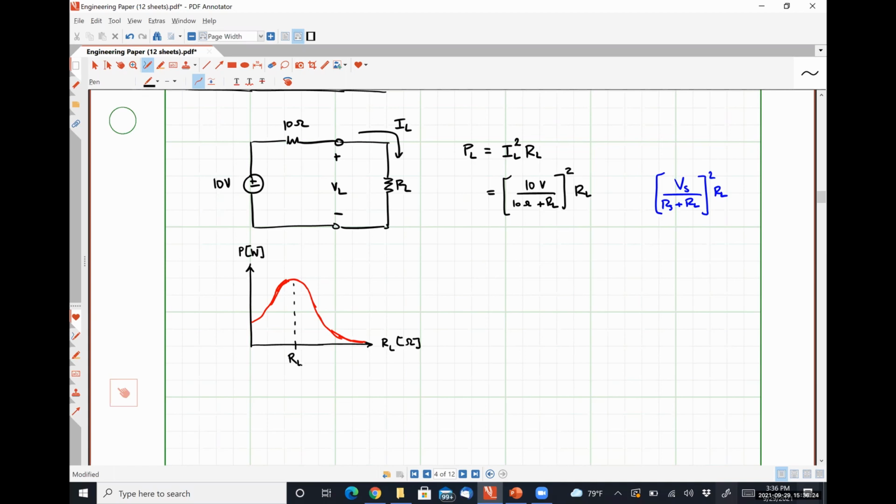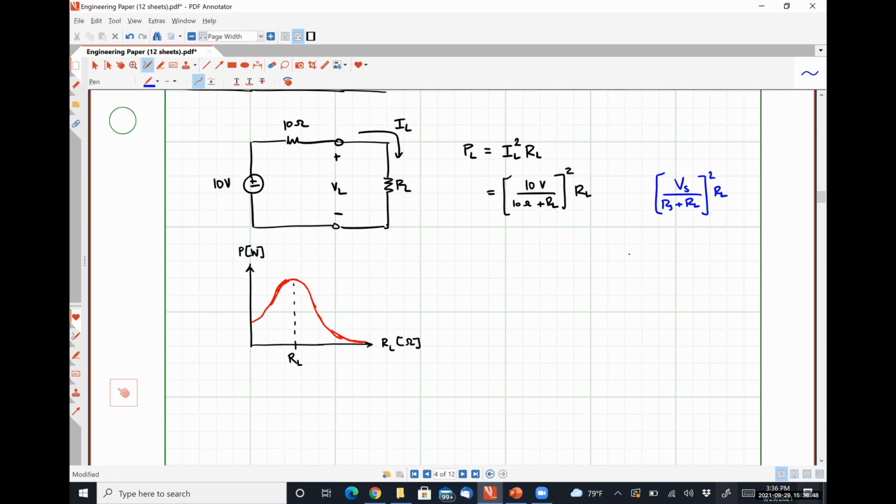All right, so how would we go about determining what that maximum resistance is? Take the derivative and set to 0. Absolutely right. So let's look at this guy right here just in general.